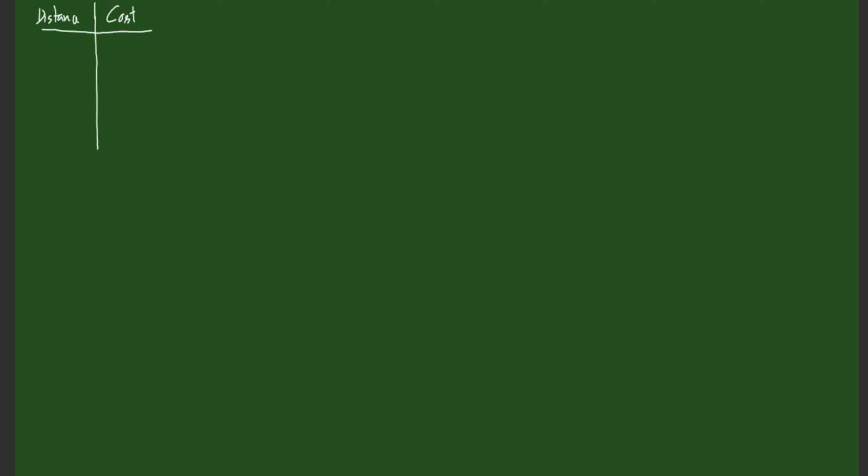So we do distance 0 miles, 1 mile, 2, 3, 4, 5. We just need to do 5. You can do more, but 5 values are good if you want to graph or sketch it.